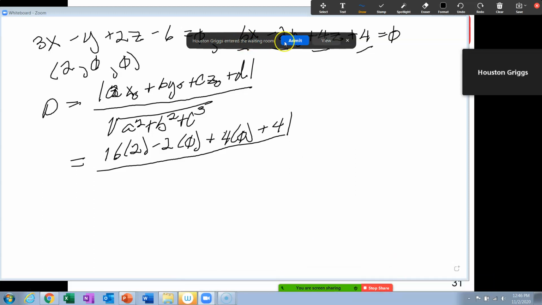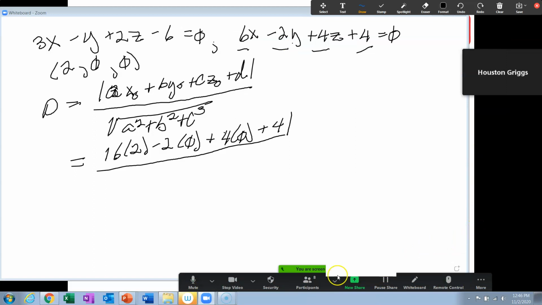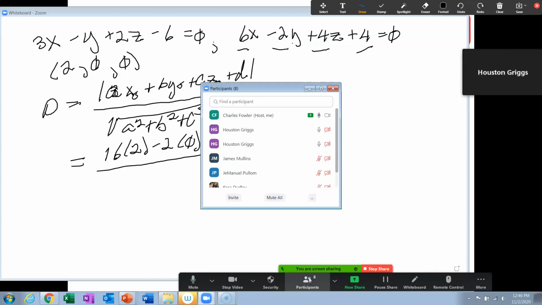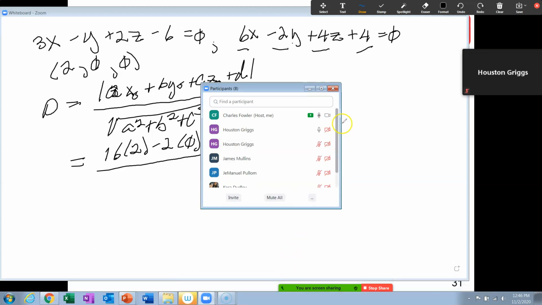Oh, here's Houston again. He must have had to leave and come back, or he didn't get in fully the first time. Nope, 6 people, nobody else waiting. No, 7 people. Wait a minute. Oh, Houston's here twice. Don't know why, but Houston's here on 2 different ones. Both of them the microphone's working.